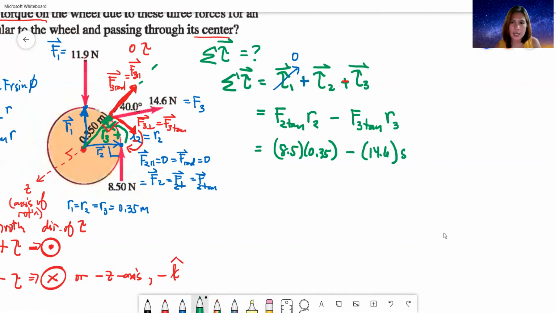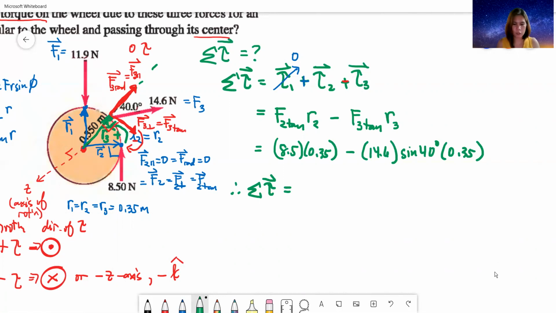Tangential, so it's sine 40 times 0.35. Okay, so therefore the total torque is equivalent to, bring out your calculator and paki-check, 8.5 times 0.35, minus 14.6 times sine 40 times 0.35.